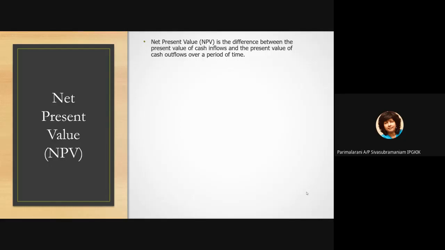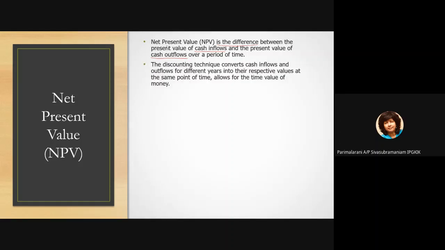The money that you get from your investment over a number of years is known as the cash inflow. Inflow means money coming in. Outflow means money going out. So net present value is the difference between present value of cash inflows and present value of cash outflows over a period of time.